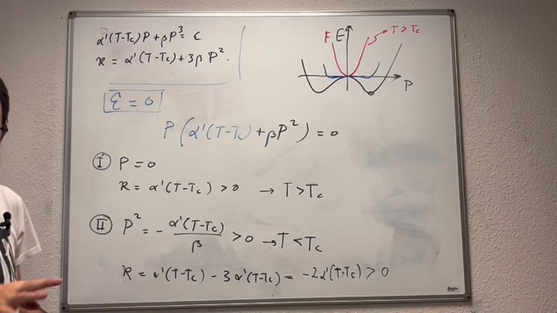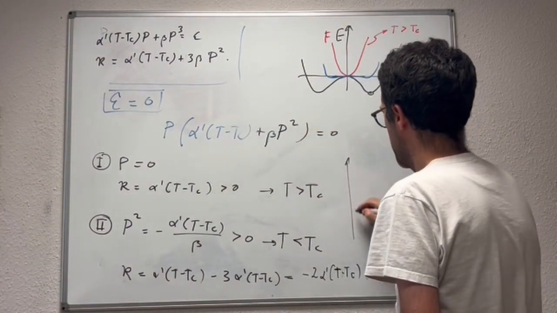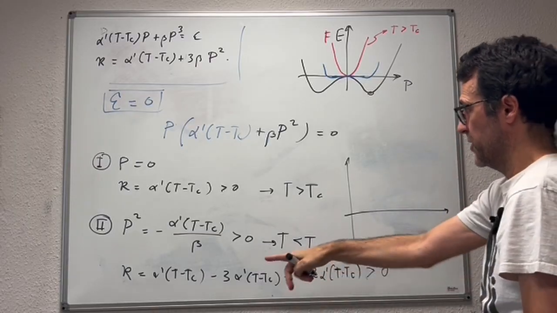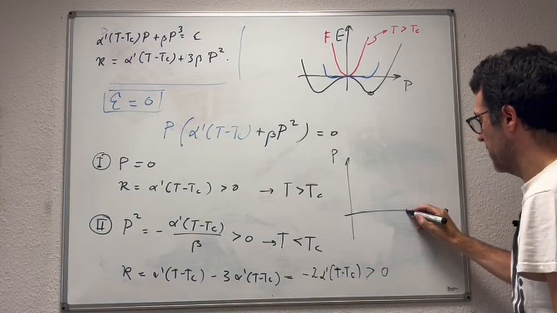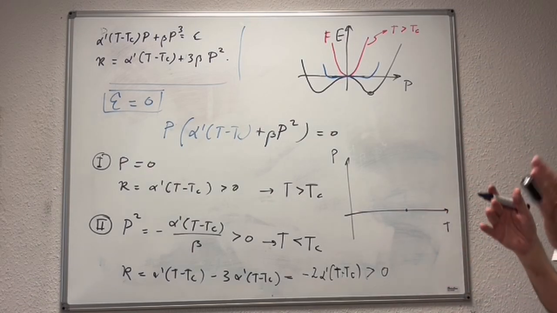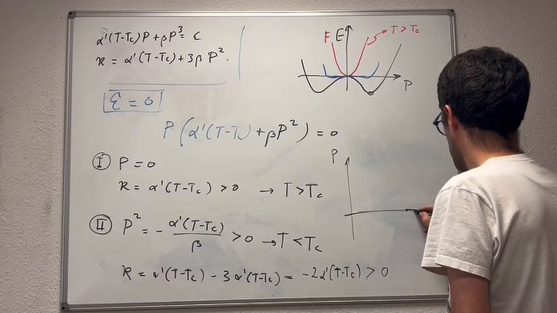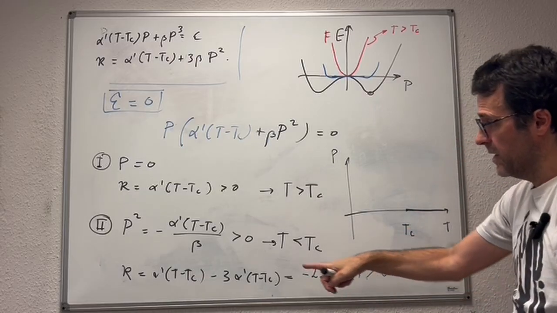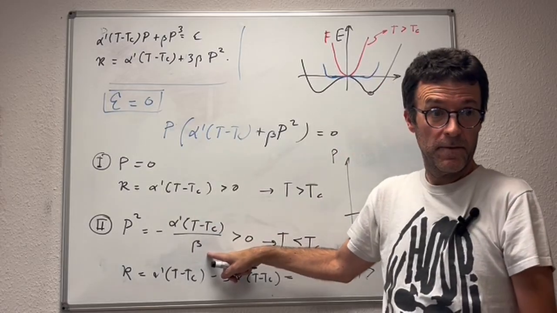So from this mathematical solution, we could now go back and plot, for the positive polarization maybe, a very careful and specific shape of the polarization versus temperature. Above Tc it is 0, that's easy, but below Tc, the polarization is the square root of this expression.